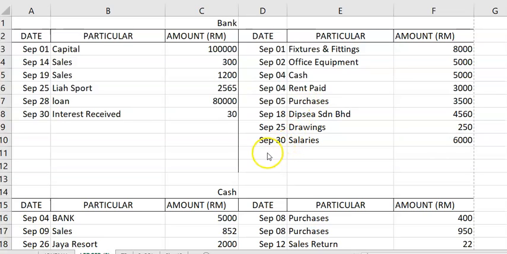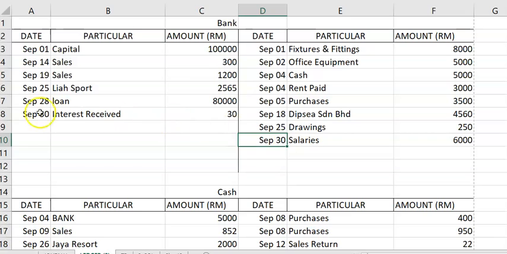And you need to leave at least one row blank at the end of the transactions that have already been recorded. For example, in the bank account, the last transaction is at row 10.